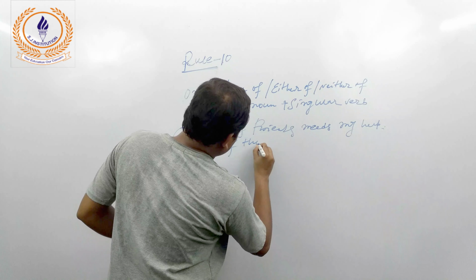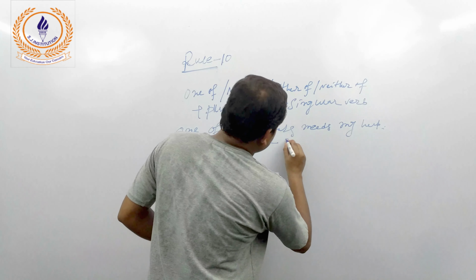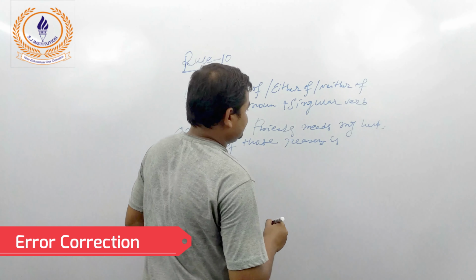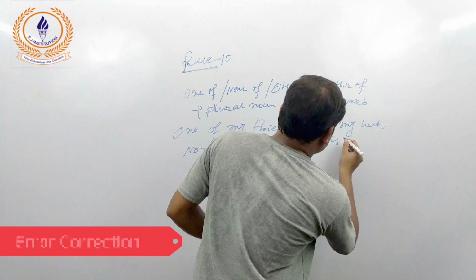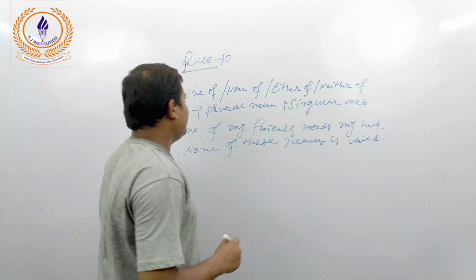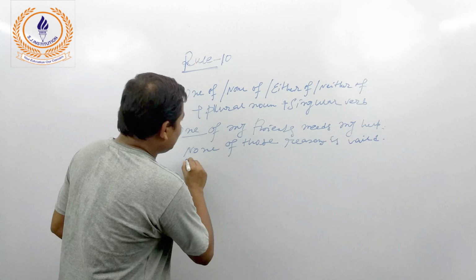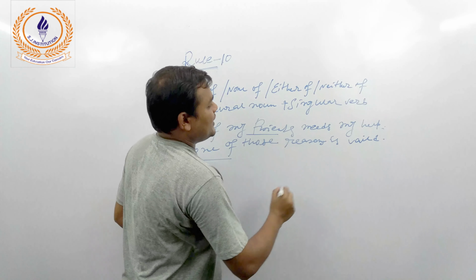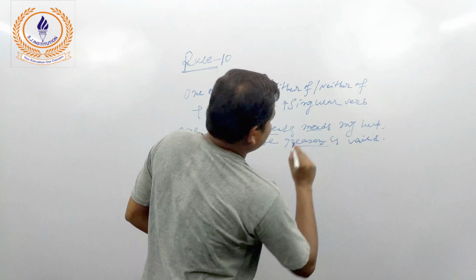Another example, none of those reasons is valid. So you can find here one of, none of is followed by plural nouns and singular verb.